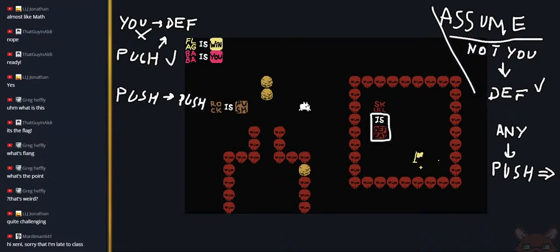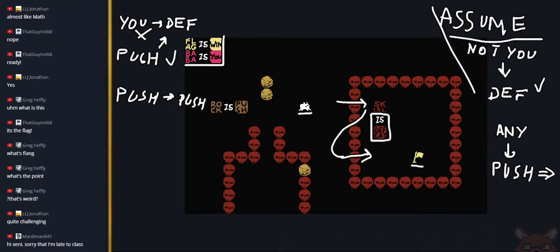Okay, because FLAG IS WIN is immutable, we need to bring Baba onto this flag here. In order to do that, we need to cross this pile of skulls. That means we need to disable this property first before we can proceed safely onto the flag.